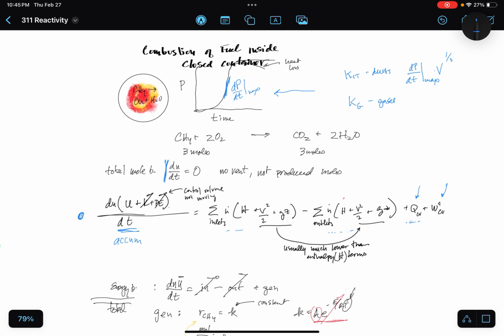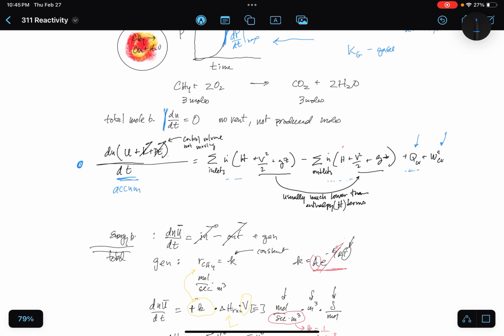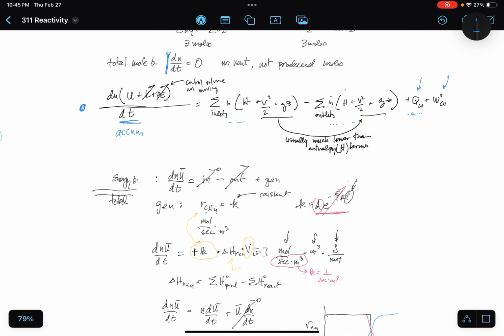And so yeah, in this case, we don't have any ins or outs, but we just have a generation term where methane is reacting. And we can say that the reaction constant is, in this case, maybe a constant, and that temperature doesn't really change. We can just say it reacts at a given moles per second per volume.